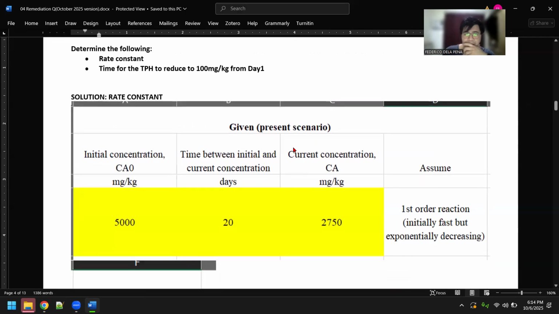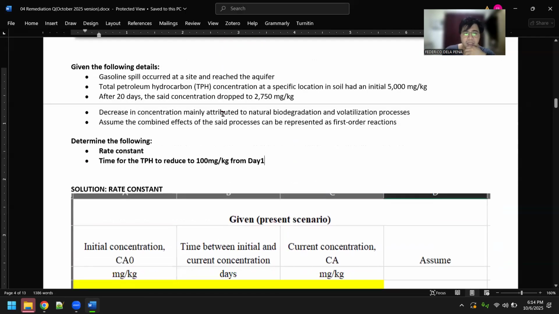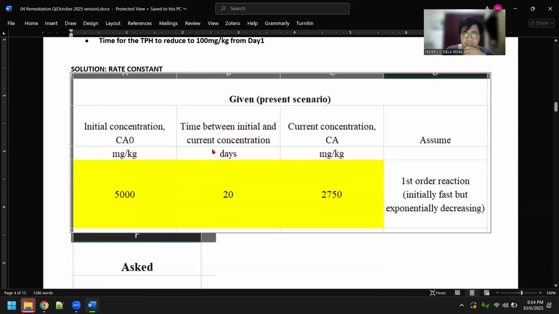And this is the solution. The first step is, of course, to list down the given data.